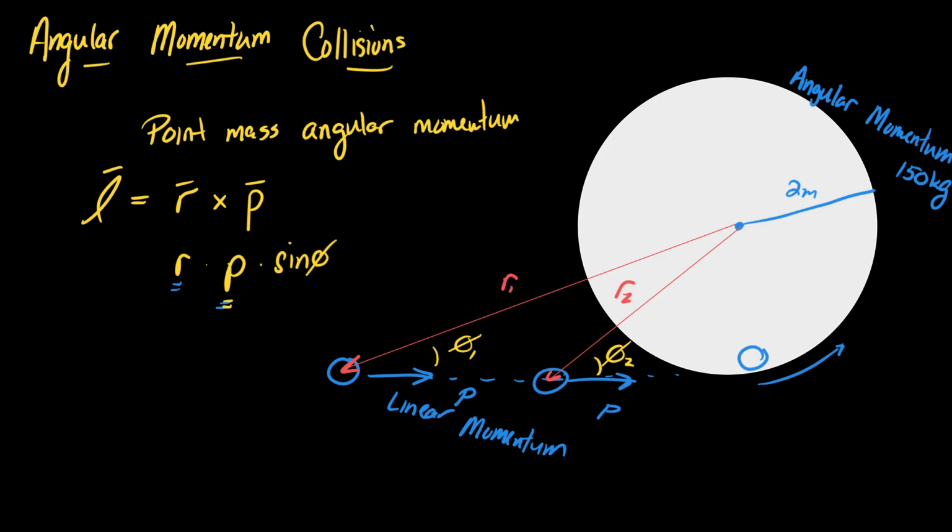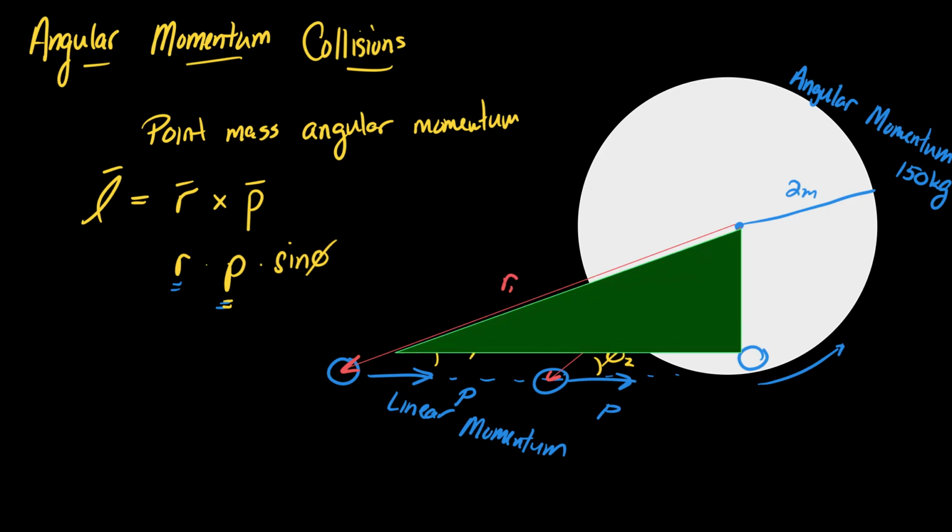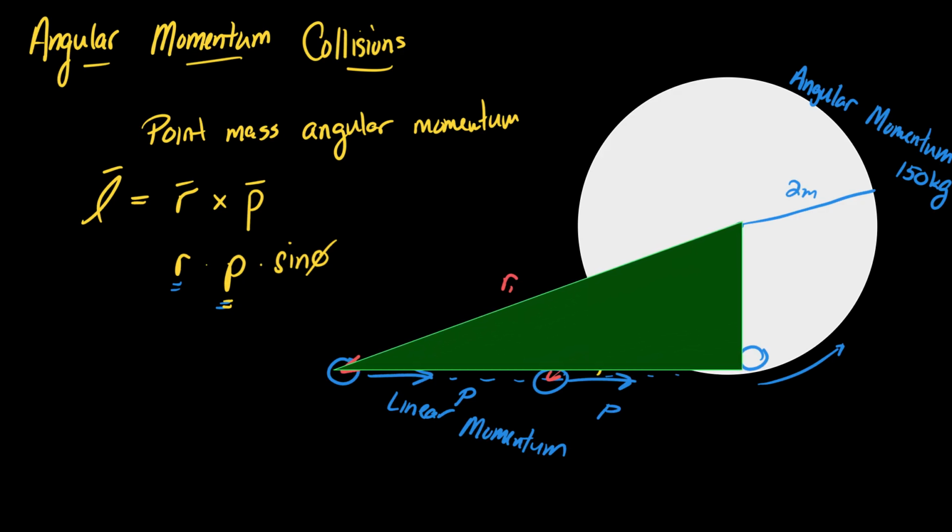I'm going to take and draw a triangle right here. Can we all agree that this side is R1, and then it's the hypotenuse of that right triangle? This would have to be phi1 as well.